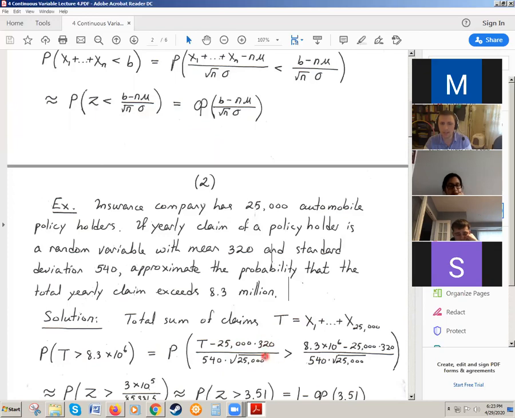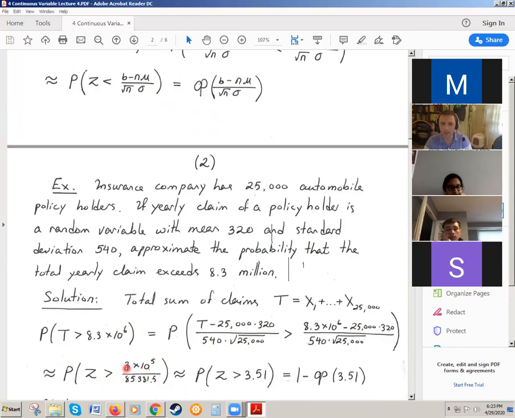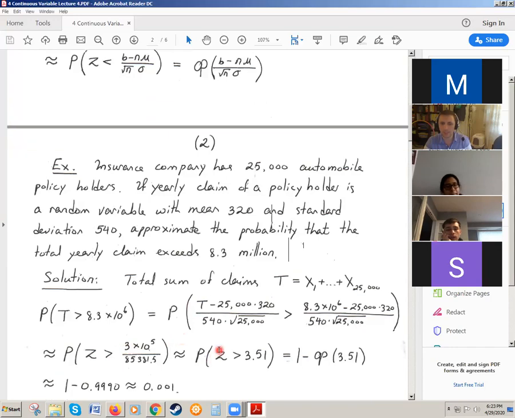Then you divide by the standard deviation. It's given here as 540, so I don't need to take the square root here. And multiply on the bottom by root of 25,000. And you do the same thing to the right-hand side. When you simplify everything, you get that it's the probability that Z is bigger than 3.51.